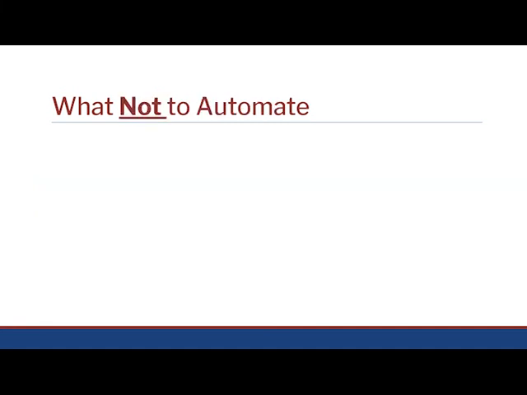So on the flip side of things, while I do love automation, and I think that a lot of firms can really stand to benefit from some great automated practices, there are definitely a number of items that we should not automate. So the first thing to look out for is if the item is not costly. In other words, does this actually need to be automated?